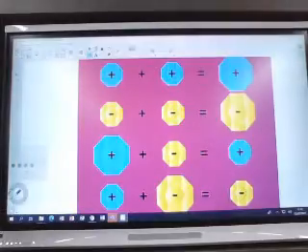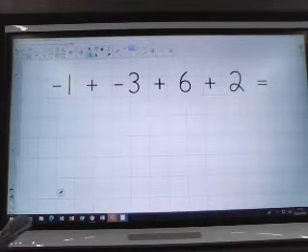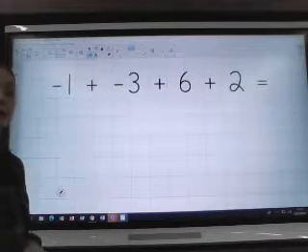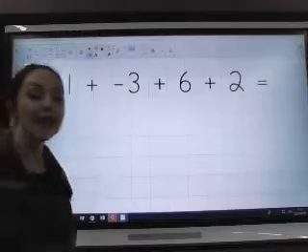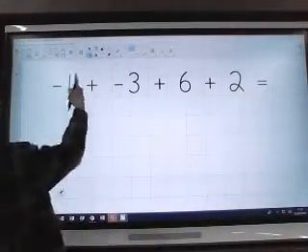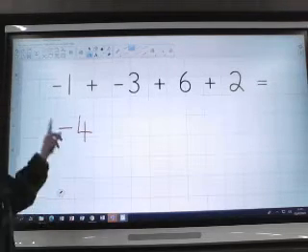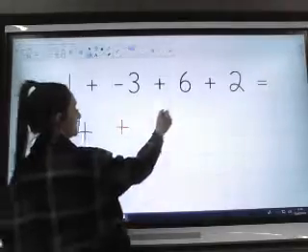I'm just going to do one with you, some similar numbers, just to help you. So, for example, if you had -1 add -3, add 6, add 2. Remember, a minus add a minus is a minus. So -1 add -3 would be -4. And then I've still got to add these on, haven't I?